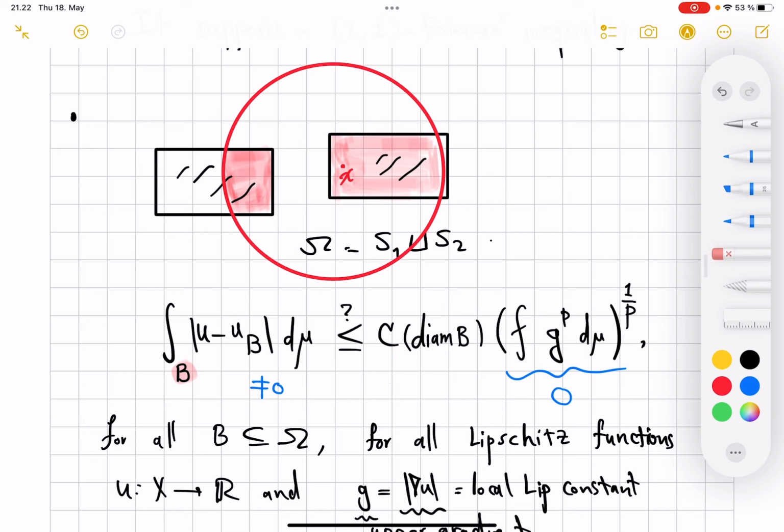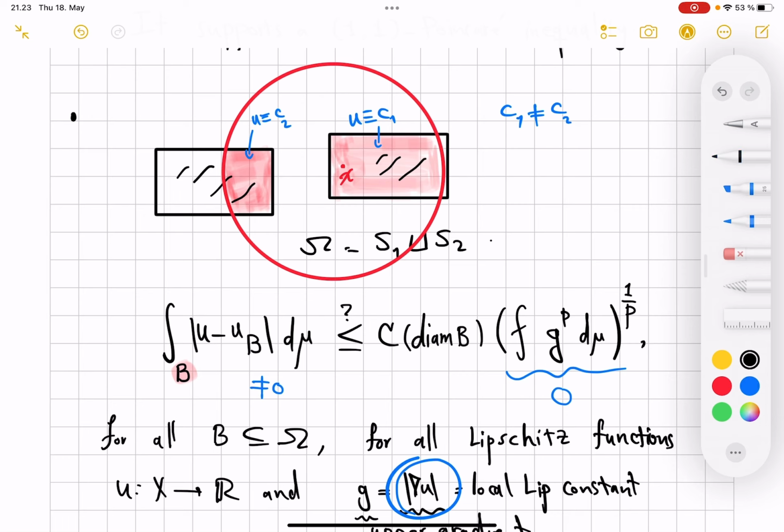You take a function u to be some constant C1 on this piece, and then you take u to be a different constant C2 on this other one. There is some restriction because of Lipschitz; well, the Lipschitz constant will go up. So you can choose any C1 and C2, and you definitely choose them to be separate from one another. And now the local Lipschitz constant, or the norm of gradient, is definitely 0 everywhere in this ball.